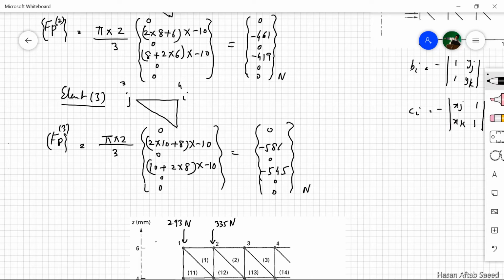For element 2, 461 and 419. 461 Newton and 419 will be superimposed on that from element 1. And element 3, 586 and 545.